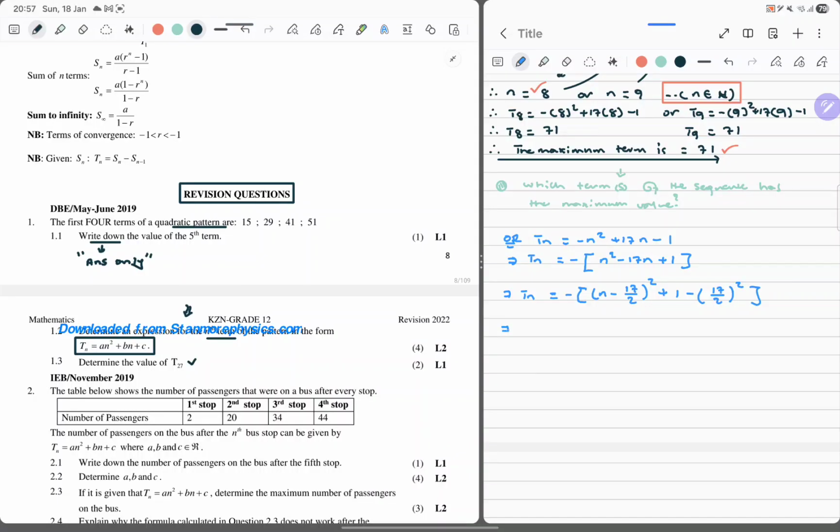Now we redistribute our negative, so we get minus into n minus 17 over 2 all squared plus, now we sort this out, so we're going to have 1 minus 17 over 2 all squared.